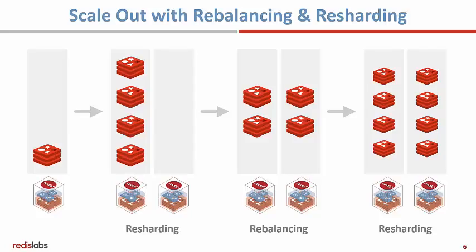The way I would do that in the enterprise version, and I'll actually demonstrate this in a minute, is I would do what's called resharding, where I'm going from one shard to multiple shards. In that first transition, I'm going from a single shard, and I'm splitting my data set into 4 pieces, and now I have 4 instances of Redis running on a given node. And the enterprise software makes that very simple to do.